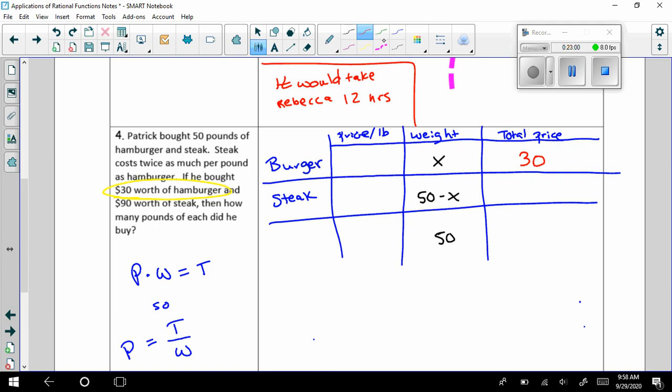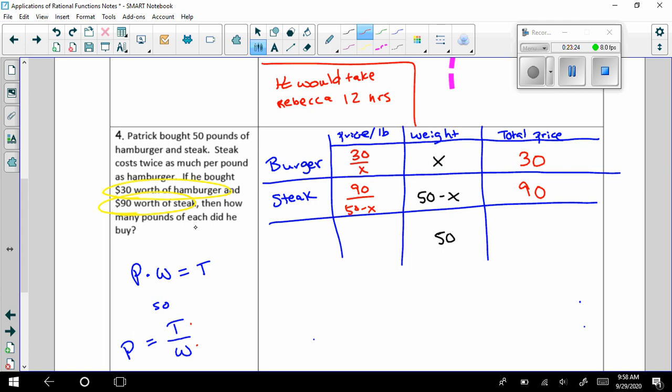And $90 worth of steak, again, total price, so 90. And then remember that your price per pound will be your total price divided by your weight. So I can just take 30 divided by the weight of burger and 90 divided by the weight of steak. And that will be my price per pound.